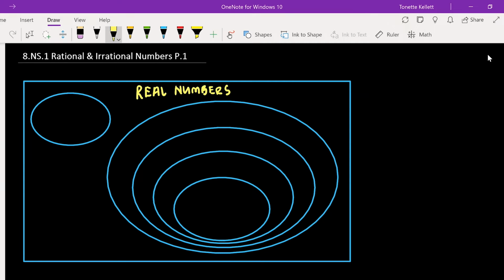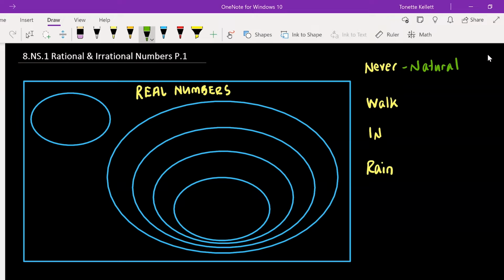All right. There's a saying to help you remember what order the numbers go in. That saying is never walk in rain. That never stands for natural.